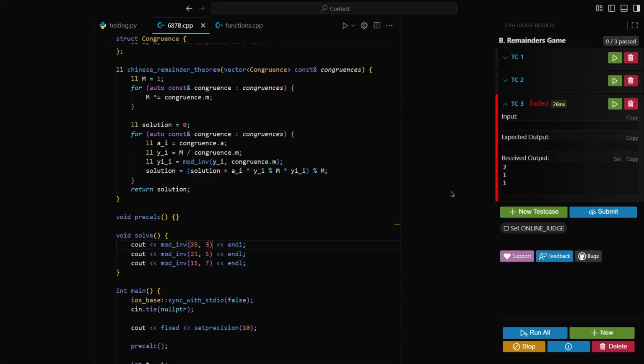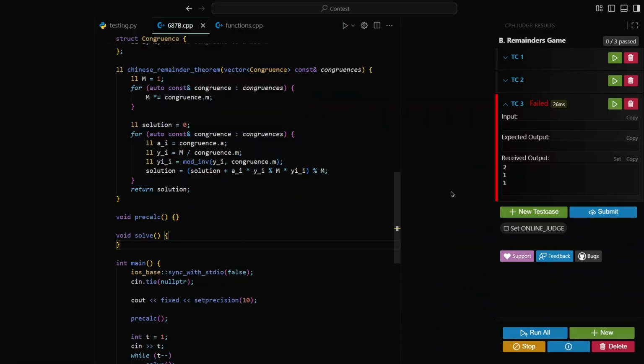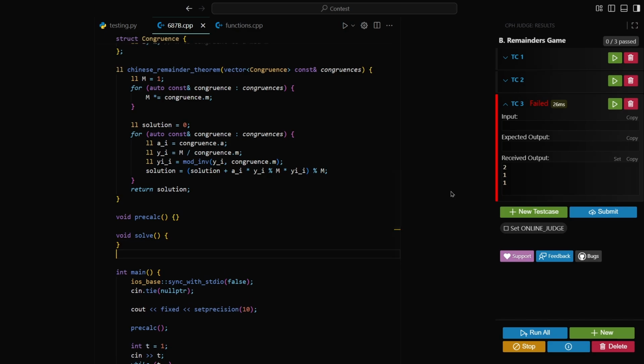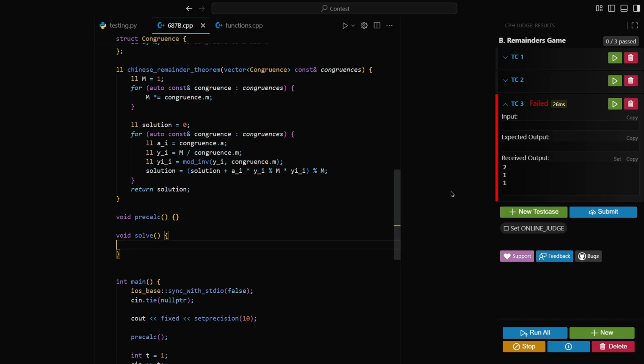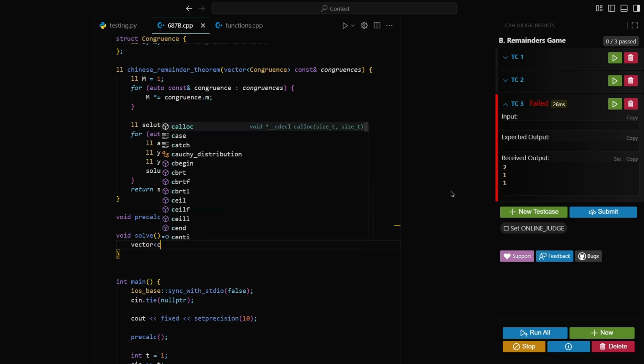Now let's just run the algorithm to check our solution. So let's create our vector of congruencies.